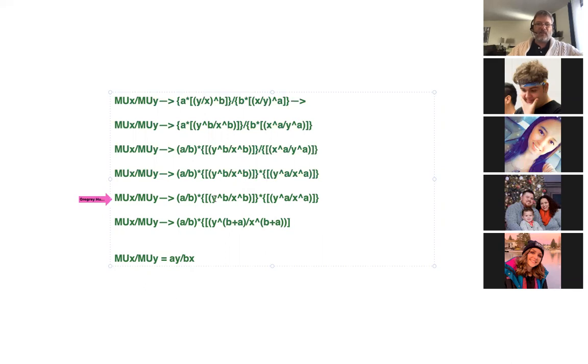And I don't need these anymore. And then remember, beta plus alpha is equal to 1. So lo and behold, we have A divided by B times Y divided by X, and voila, right? We get our final result.